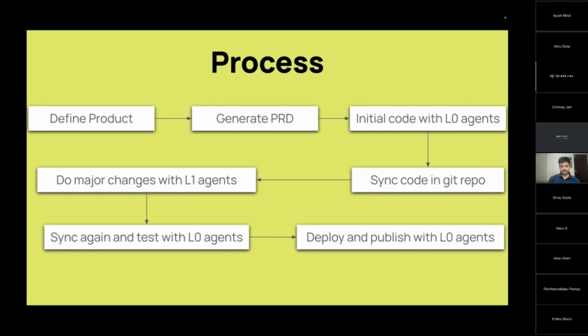A particular version will have a feature, the next will not have that feature, and the next will have it again. Managing these different versions is what GitHub helps you with. Then you do major changes on that code with L1 agents, sync those code changes again and test them on the L0 agent, and then deploy and publish if you have achieved a good product.